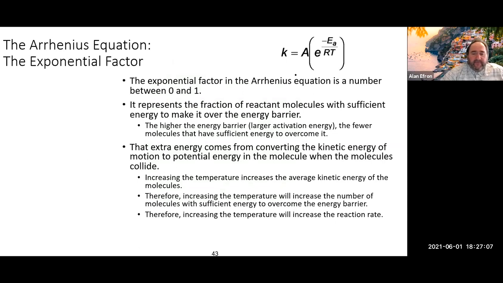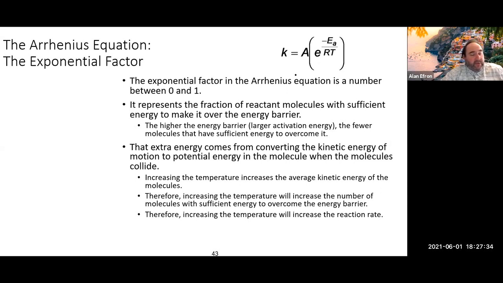So as I mentioned before, looking at this equation, basically that fraction of molecules, that A, the frequency factor, is that proportion of molecules that really do have enough energy to get up and over the other side. And basically what we see is what we saw in those couple of graphs a second ago. If we increase the temperature, we increase everybody's kinetic energy.